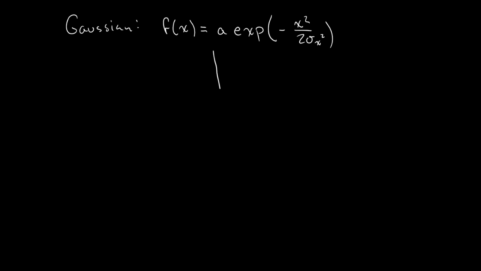So, Gaussian function, f of x equals a exponential minus x squared over 2 sigma x squared. I don't know how familiar people are with this sort of function, but it's what many people refer to as a bell curve.